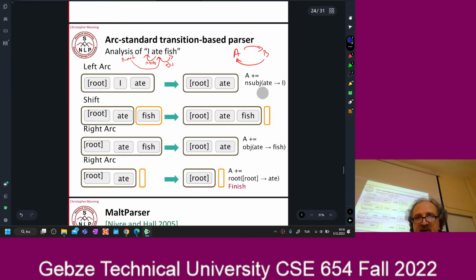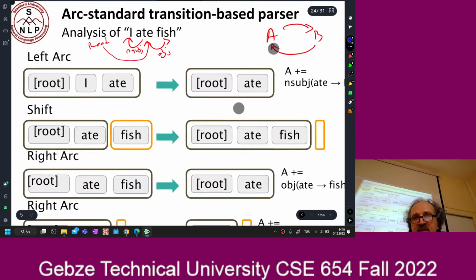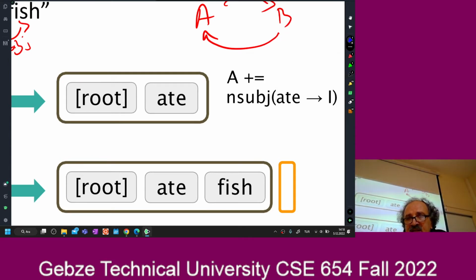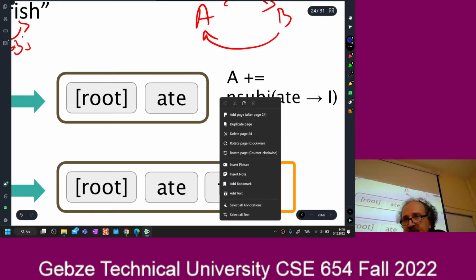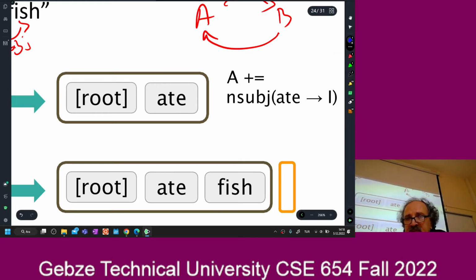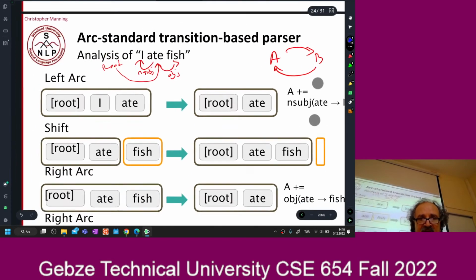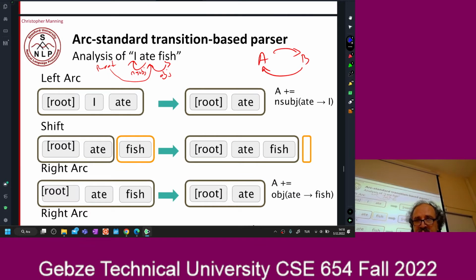There is a left arc, and I added this to A. This relationship between "ate" and "I" is a nominal subject. "I" is the nominal subject of "ate", and I added it to this arc set A.